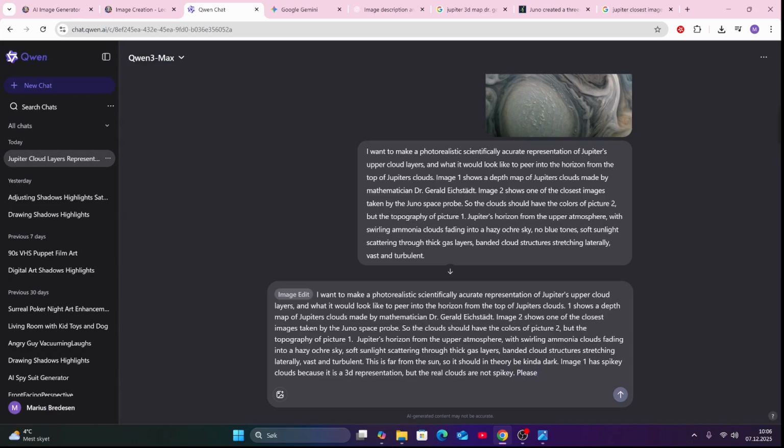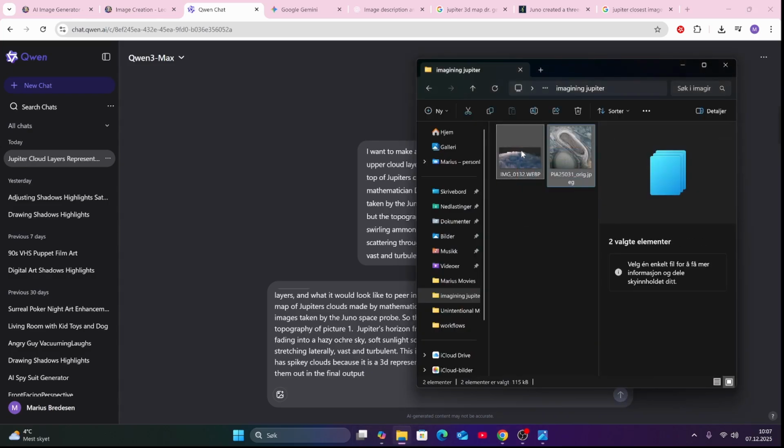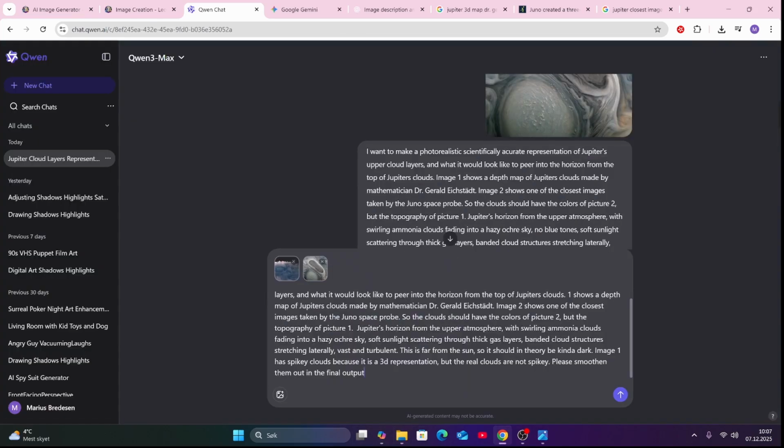Please smoothen them out in the final output. Okay, so now we'll do the same thing again, and we'll try these two images.